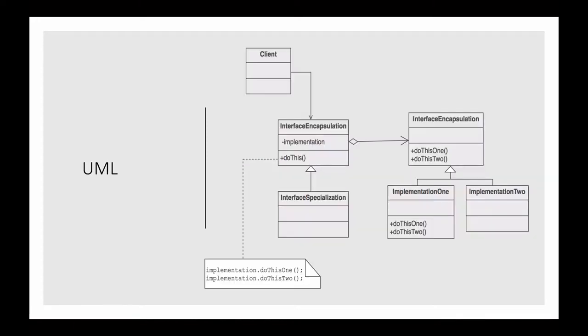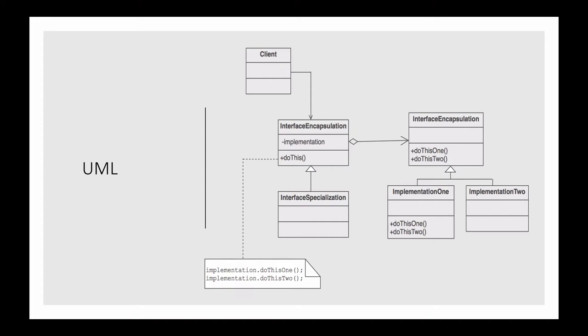So this is the UML diagram for the bridge design pattern. And what this UML diagram and bridge design pattern suggest is that the client will only talk to the abstraction layer, and the internal implementation which you want to vary will act as an interface where you can inject the behavior based on the implementation.